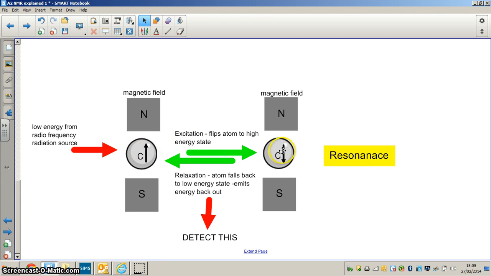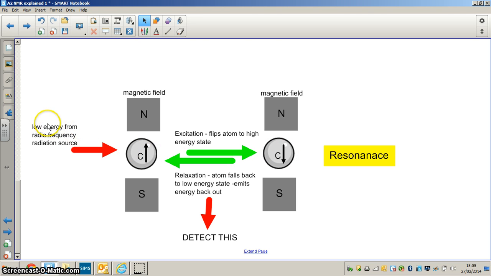But when we've excited it, what then tends to happen is that it will fall back from the excited state to the low energy state, and we call that relaxation.